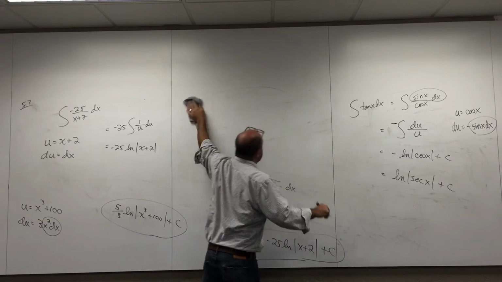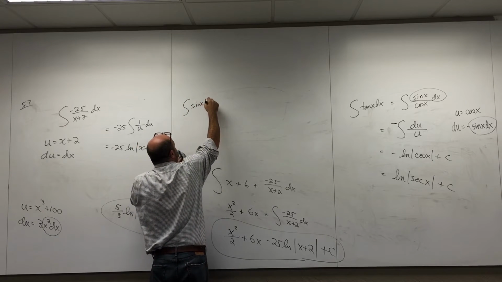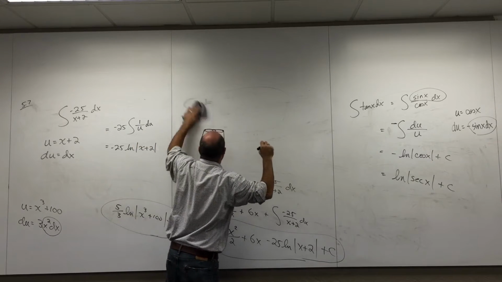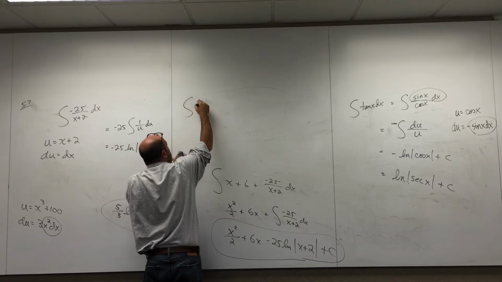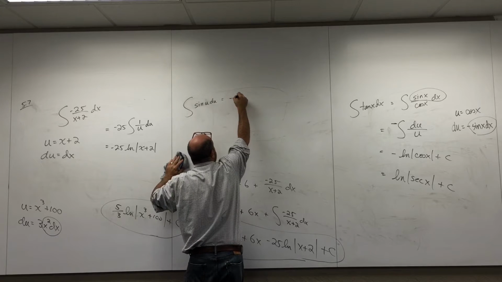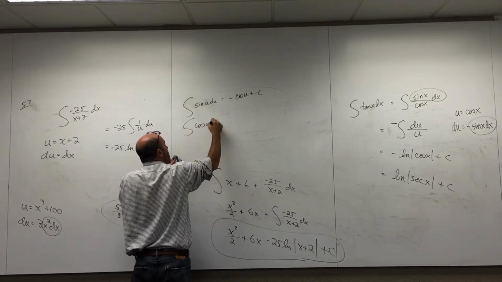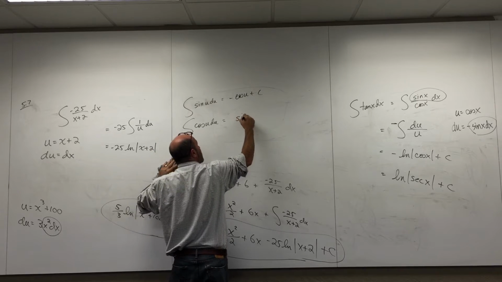Similarly, what are we doing here? Do we know how to integrate a sine u? What's the answer? Negative cosine u. Do I know how to integrate a cosine u? Sine u.